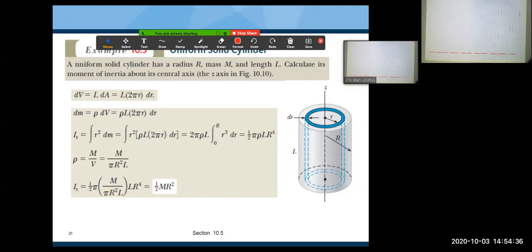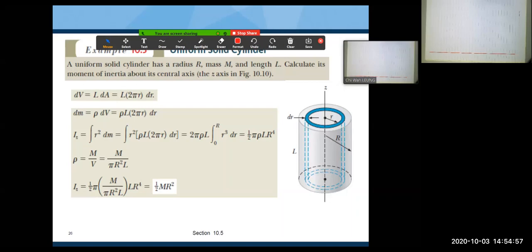Each cylinder has a radius r, so all the particles are an equal distance from the axis of rotation. The z-axis is the axis of rotation in this case. All the particles on the cylinder, the highlighted blue one, are at distance r from the axis.